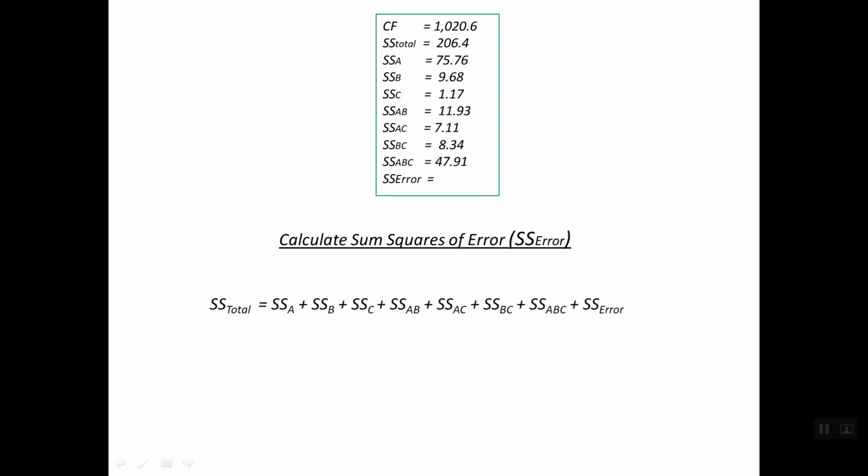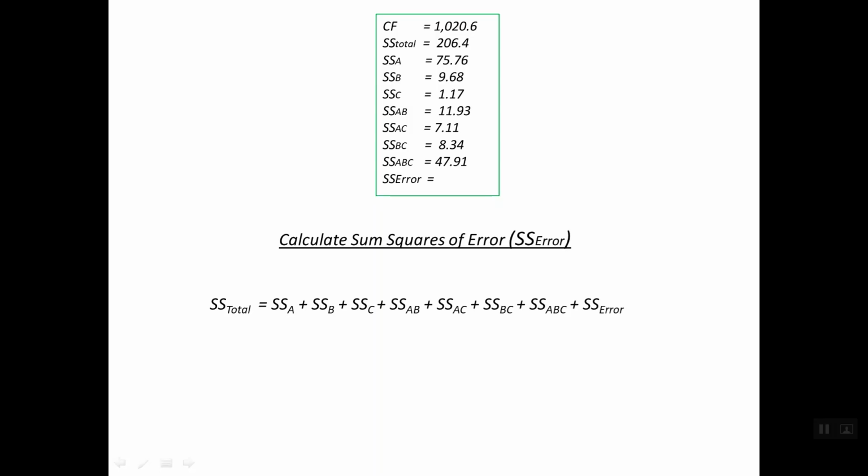We calculate the SS total, and the SS total is simply equal to the SS for the three factors separately, and the SS for the combinations, which comes from the three factors or the interactions, plus the SS for the error.